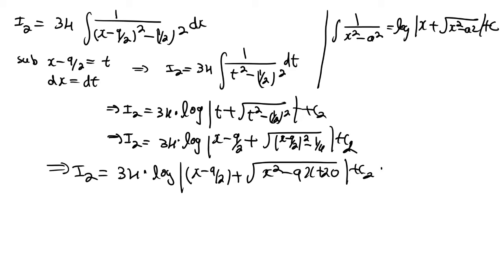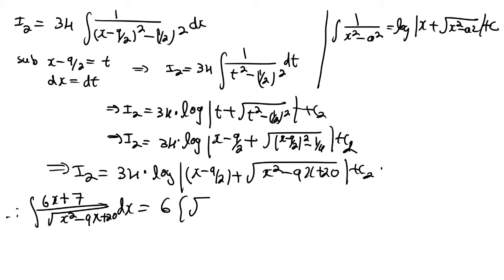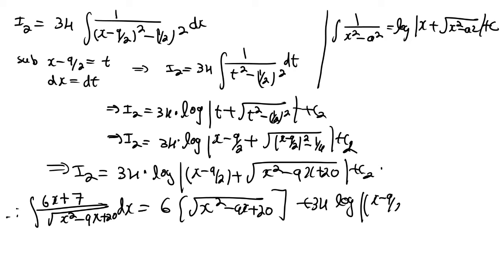Now see, we have I1 and I2 values, therefore integration of 6x plus 7 divided by square root of x square minus 9x plus 20 into dx we wrote as I1 plus I2. What is I1? We have I1 as 6 into square root of x square minus 9x plus 20, plus I2 value, plus 34 into log of mod x minus 9 by 2 plus square root of x square minus 9x plus 20. C1 plus C2 is there, right? Together I will write it as plus C.